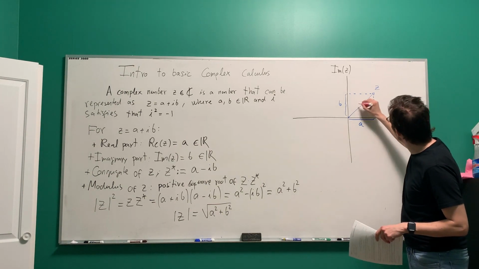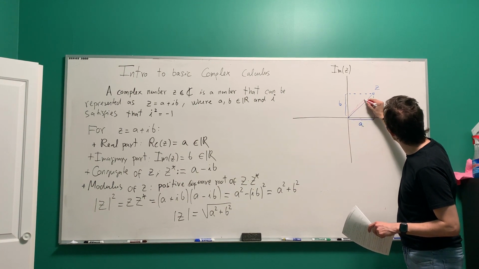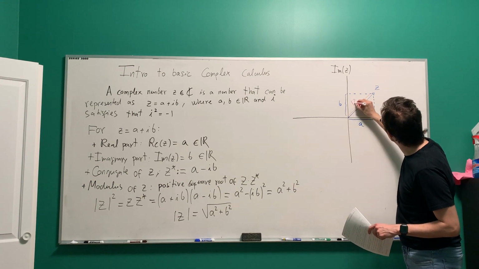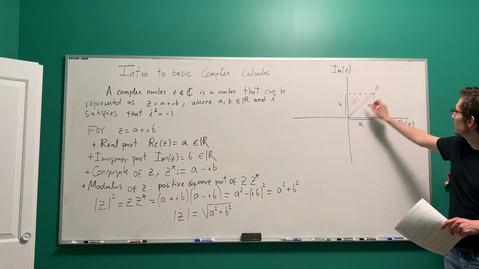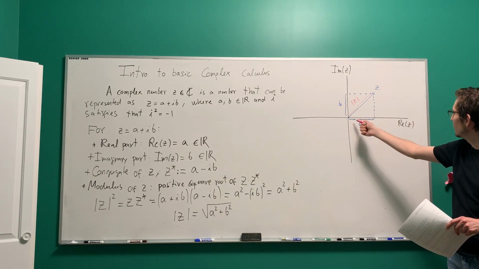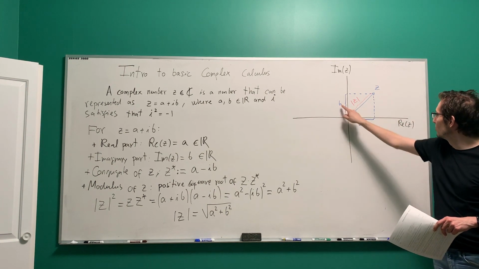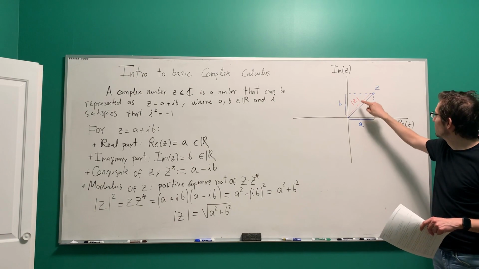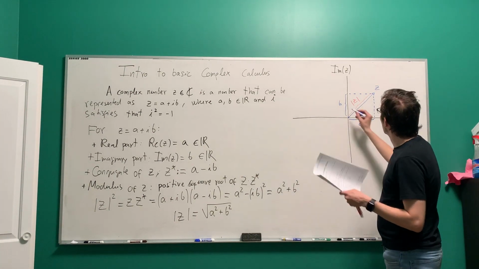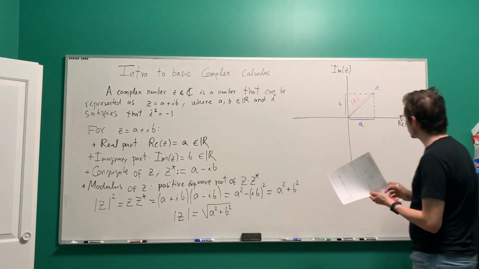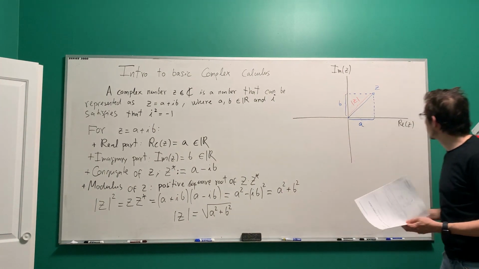All right? And then the length of it, this amount of length, is the modulus of z, right? Of course, you see it's the hypotenuse of this right triangle, where b squared plus a squared is the modulus of z squared, which is what we derived. All right, so we can introduce another little concept here.